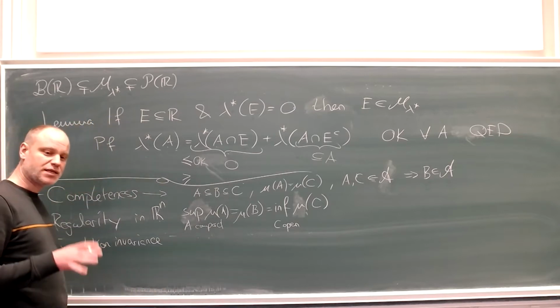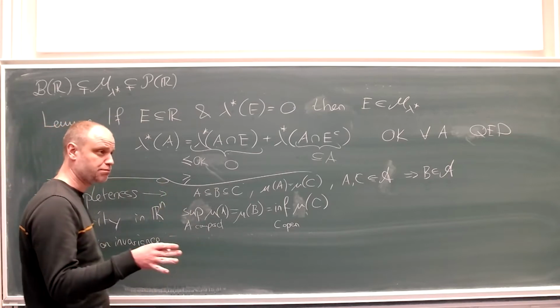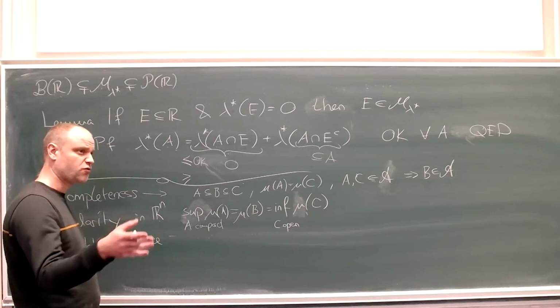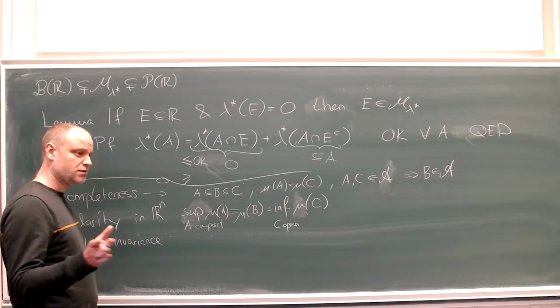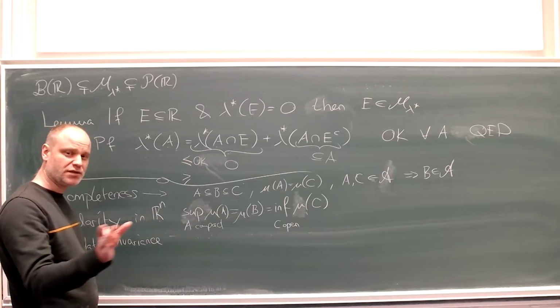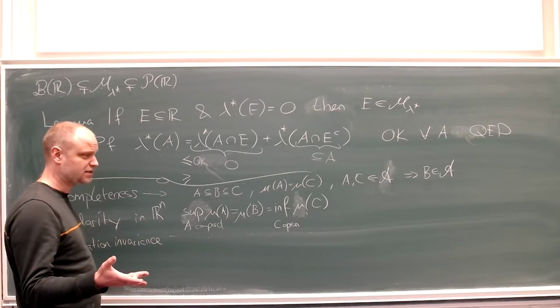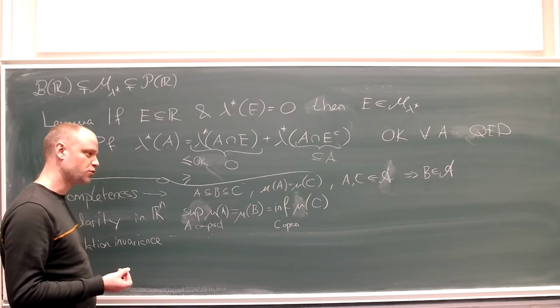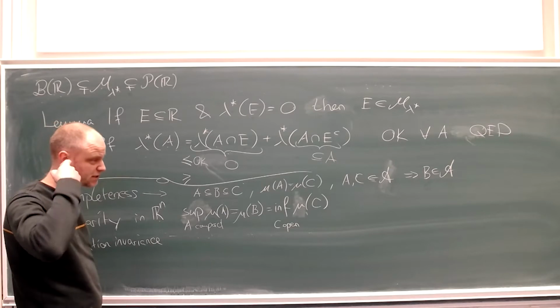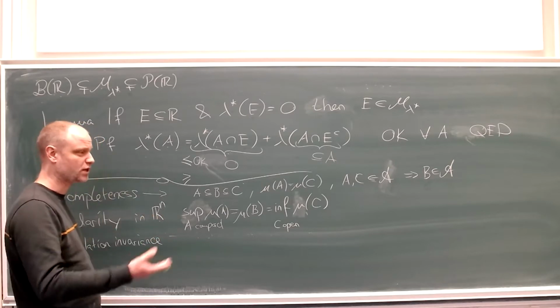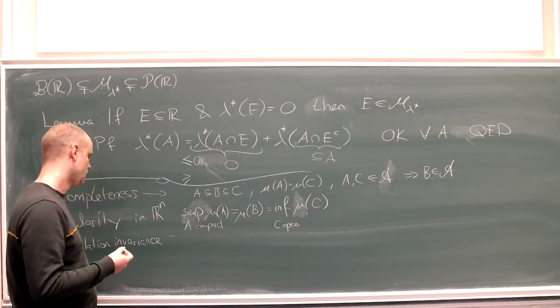The last thing that we're skipping, 1.4.2 to 1.4.4: I think I already mentioned that Lebesgue measure is translation invariant. That's fairly easy to prove. Also the Borel sigma algebra is translation invariant. The Lebesgue sigma algebra is translation invariant in one dimension and in several dimensions.